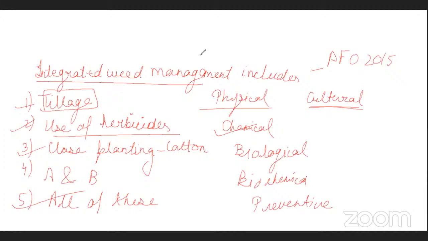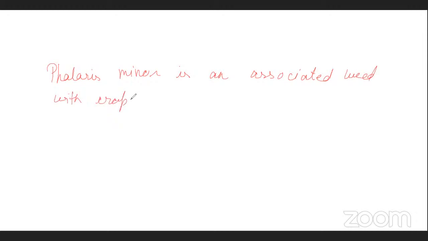Phalaris minor is an associated weed with crop: rice, maize, wheat, chickpea.